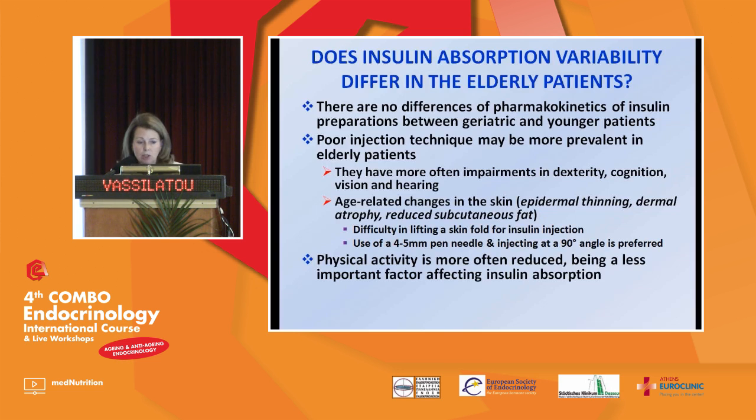Also, age-related changes in the skin, like epidermal thinning, dermal atrophy, and reduced subcutaneous fat, lead to difficulty in lifting a skin fold for insulin injection, and so the use of a 4 to 5 millimeter pen needle and injecting at a 90-degree angle is preferred. Physical activity is also more often reduced, being a less important factor affecting insulin absorption.